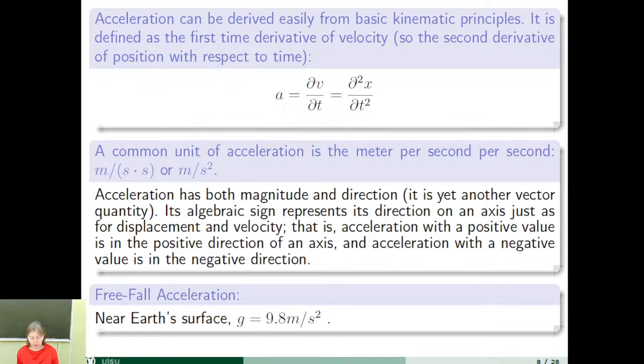We refer the motion to the vertical y-axis with plus y vertically up, and we replace a with minus g, where g is the magnitude of the free fall acceleration. Near Earth's surface, g equals 9.8 meters per second squared.